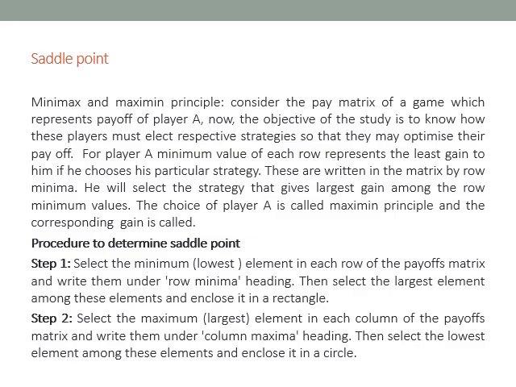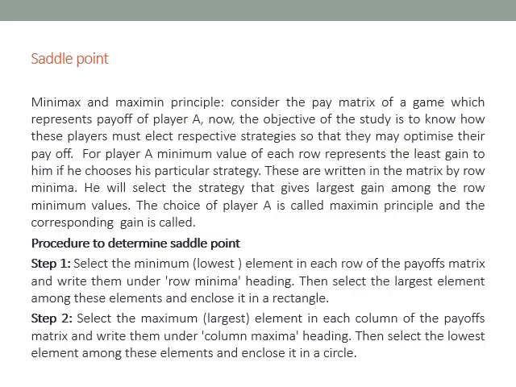Step 2: select the largest element in each column of the payoff matrix and write them under the column maxima heading. Then select the lowest element among these and enclose it in a circle. These are two procedures.